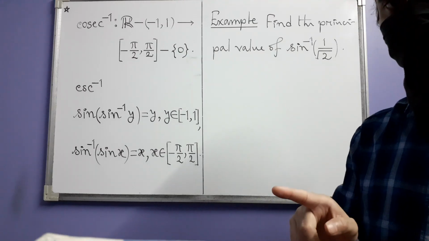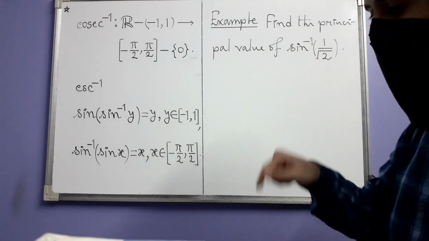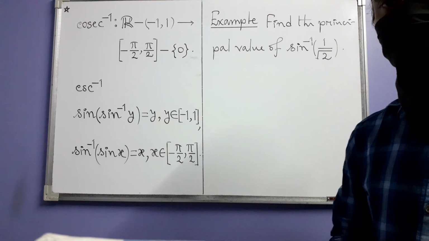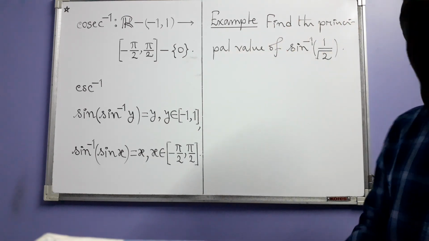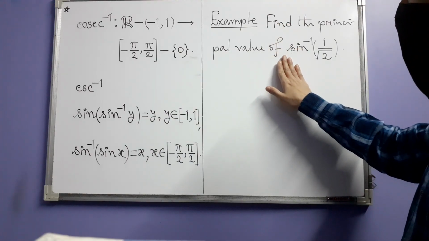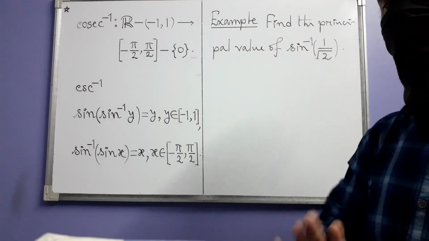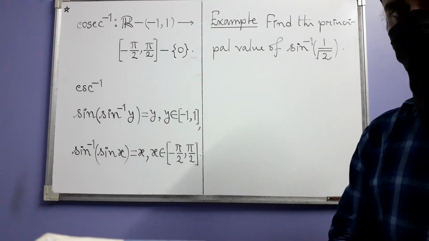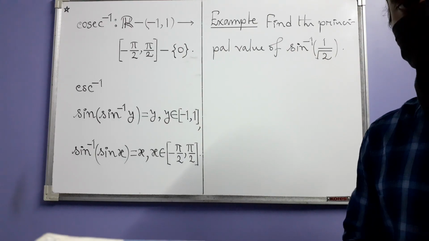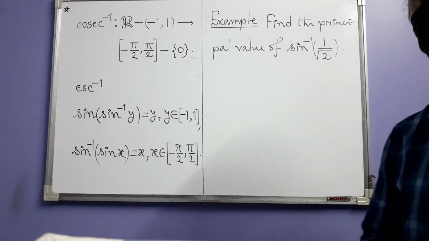That means that output which the principal branch gives us. So there is actually no need to write principal value. We could have just simply written like this: find sine inverse of 1 divided by root 2. This means that we want the principal value, and that comes from that convention. But anyway, this is how it's given in the book.